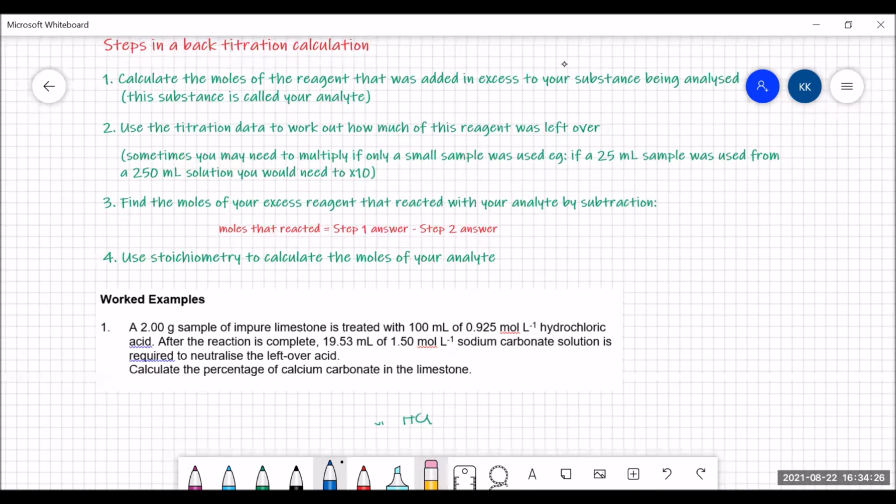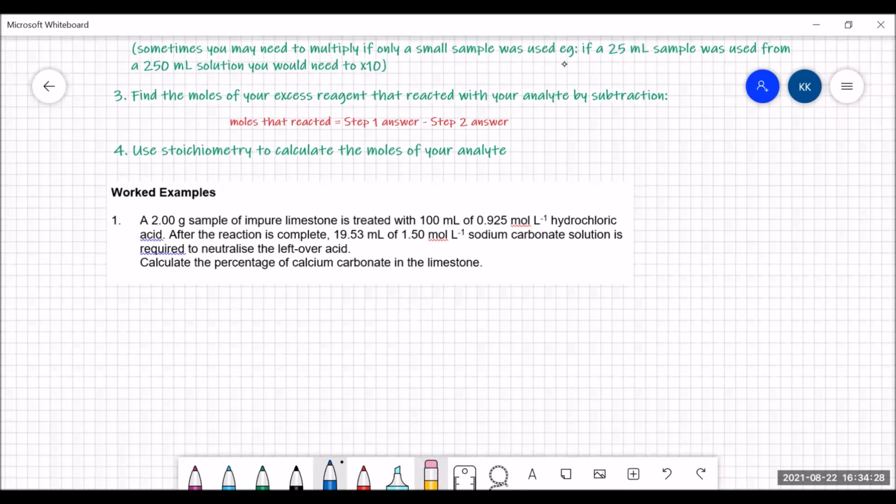All right, so a 2-gram sample of impure limestone. Limestone is a rock that is mainly made of calcium carbonate, but this is impure limestone, so it's not 100% calcium carbonate. It's treated with 100 mL. Oh, that's terrible significant figures.